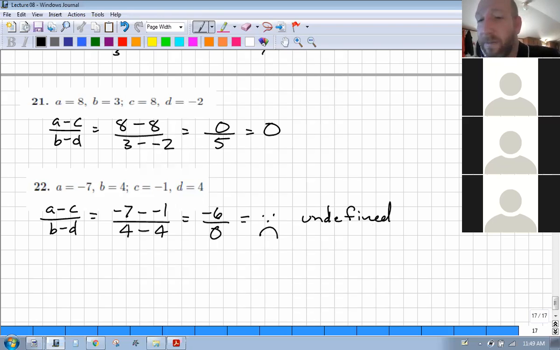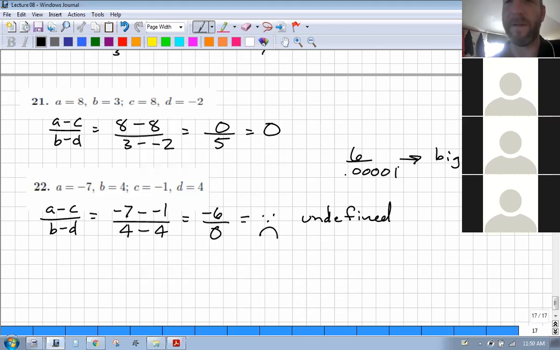Why can you not divide by 0? Let's say you took 6 and divided it by 0.000001. This is really big, right? If I made this number smaller, that's even bigger, right?